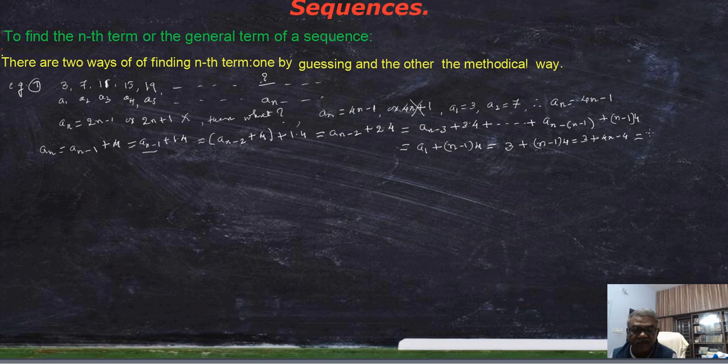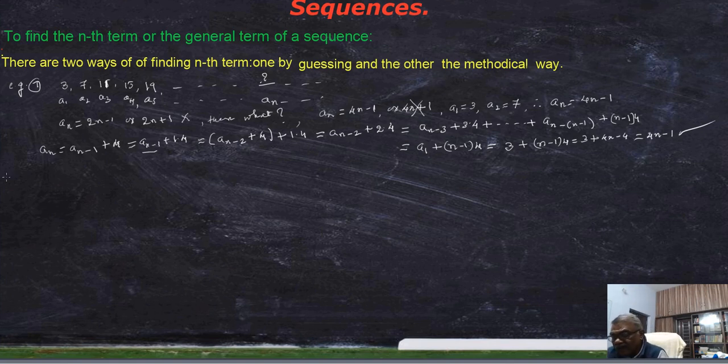This is nothing but 4n minus 1. This is our nth term. This is the methodical way to find out the nth term of the sequence.